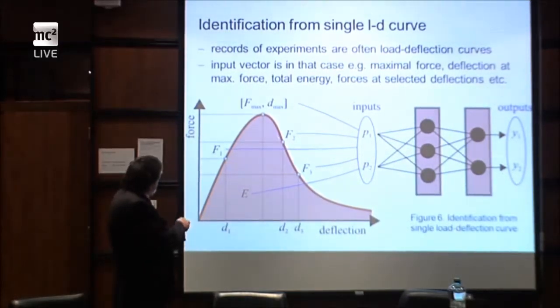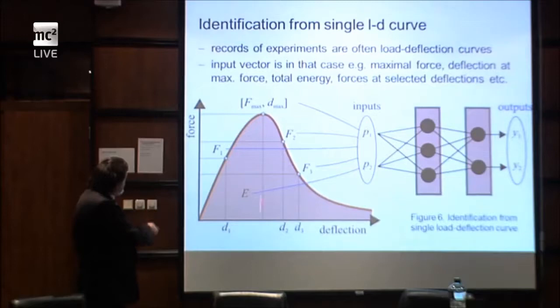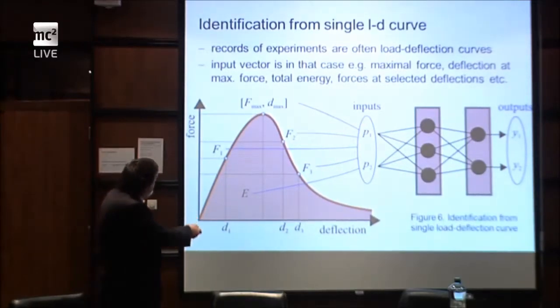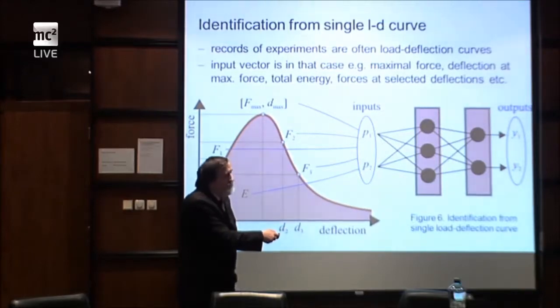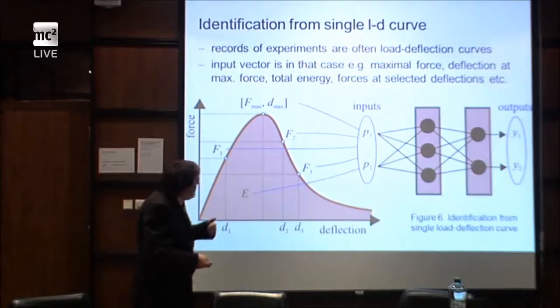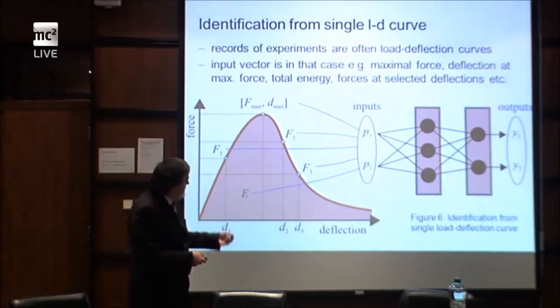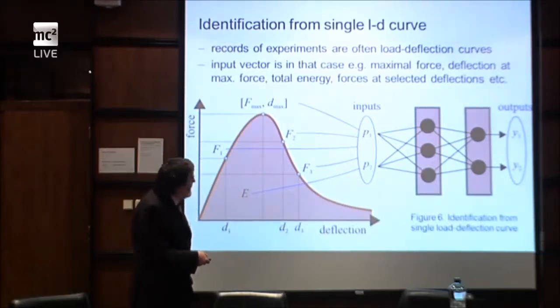We put points on the load-deflection curve, for example, maximum force or deflection, or let's say pairs of force and deflection, as input parameters of the network. To this load-deflection curve, some outputs correspond, and these outputs are actually the parameters which produce this load-deflection curve, like material model parameters, fracture mechanical parameters, tensile strength, compressive strength, etc.